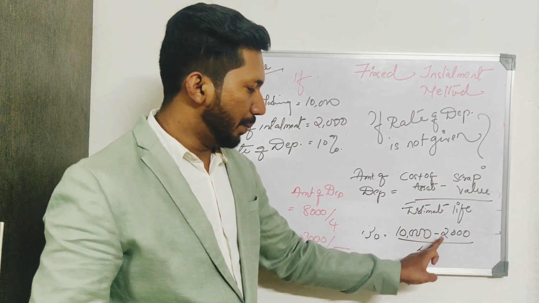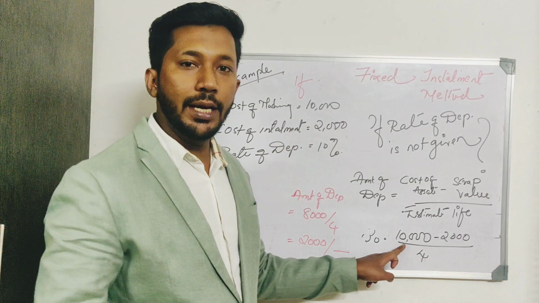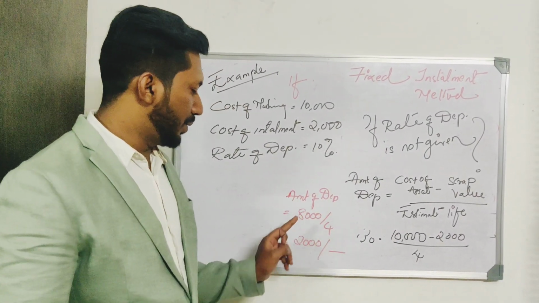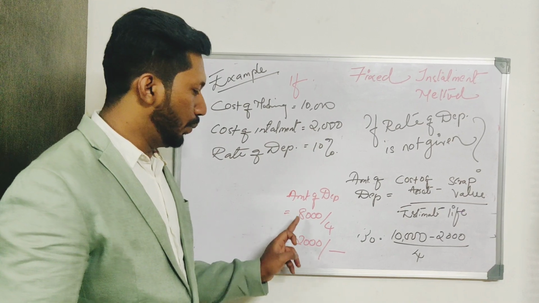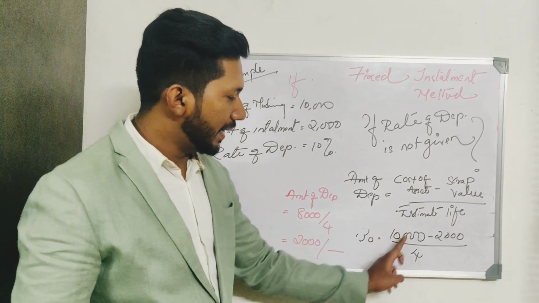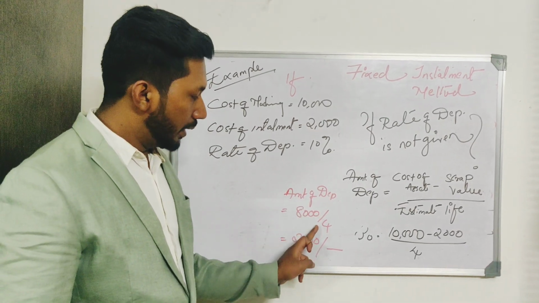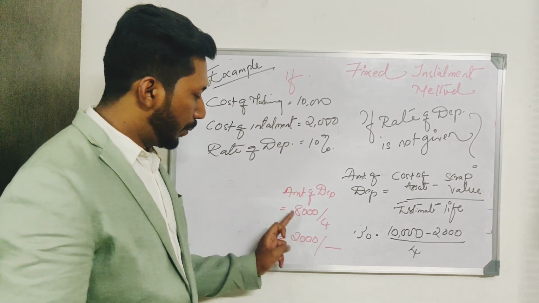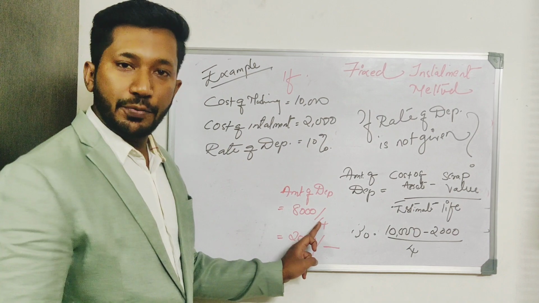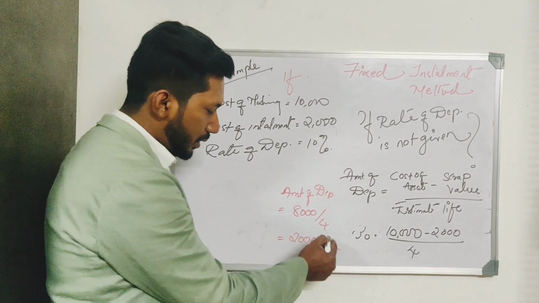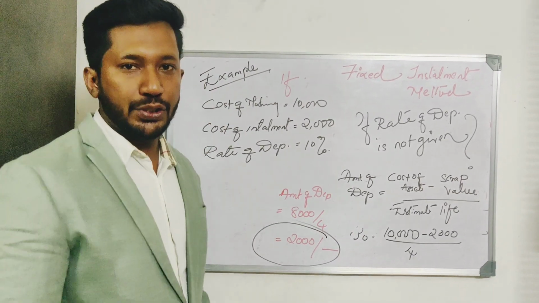So 10,000 minus 2,000 divided by 4. So what is the amount? The amount of depreciation will be 10,000 minus 2,000, which gives 8,000, divided by 4. If you divide 8,000 by 4, you will arrive at 2,000. So 2,000 is your amount of depreciation.